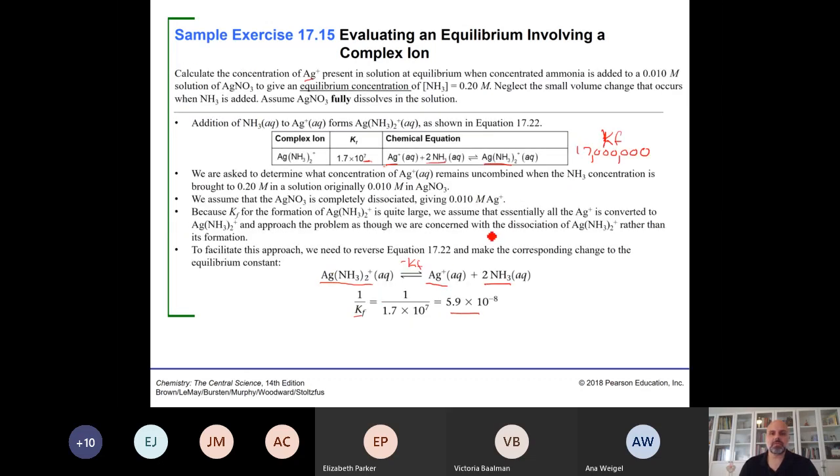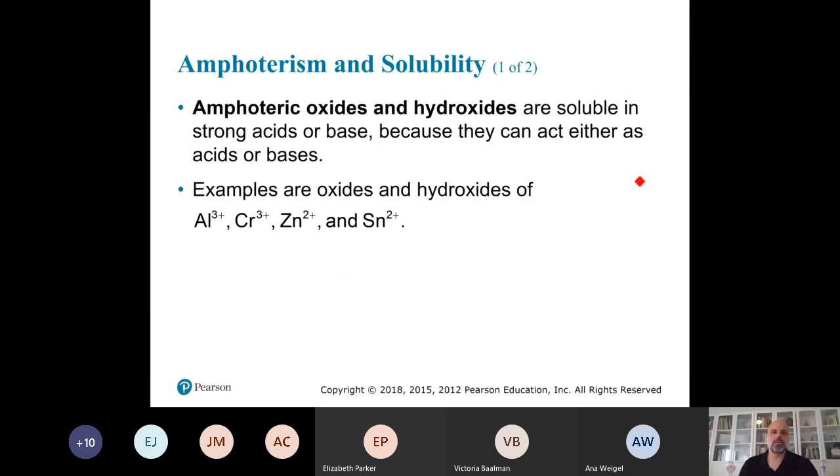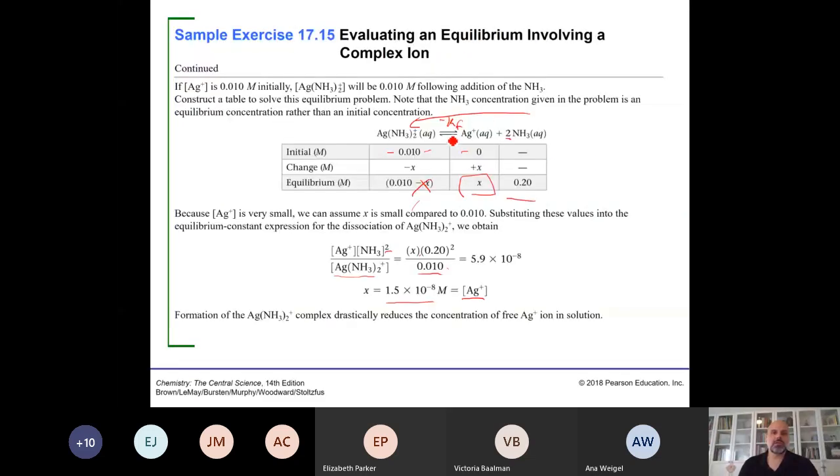Since we have, what is it here? 1.7 times 10 to the 7th, 17 million for our Kf. Because our Kf is driven to the left-hand side for 17 million, you can see that if we have a 0.01 molar solution of the complex, we'd expect to have extremely tiny quantities of silver ions left in solution.